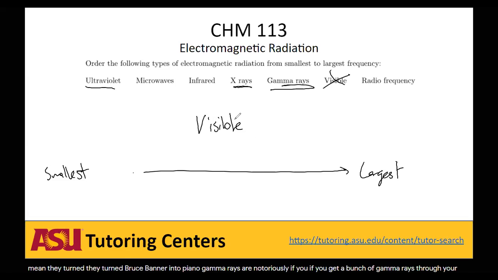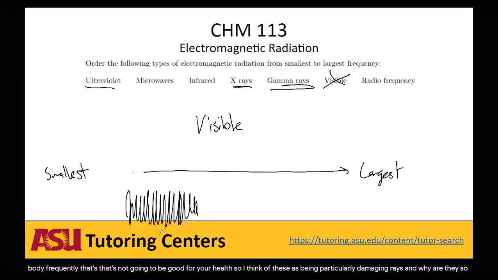And why are they so damaging? Because they're high frequency. So the waves look like this. They're really close together. If you're imagining your body and a wave like this is hitting it, it's hitting it over and over and over again. It's like you're getting speed punched by a boxer.